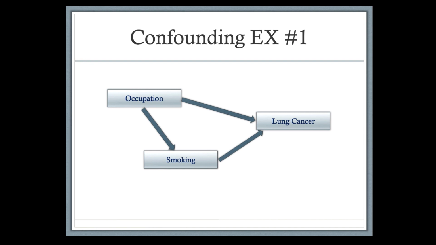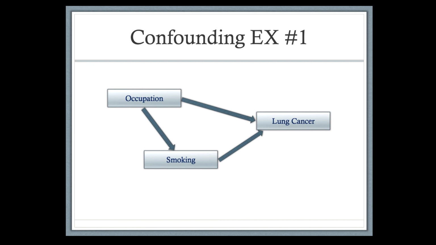To simplify the example, we're going to think of smoking, yes or no, lung cancer, yes or no, and occupation simplified for the sake of our discussion. Let's think of, is someone working in construction or not? Are they working in construction or in some other occupation? And again, I'm just simplifying it to two categories to make it simpler for us to think about.